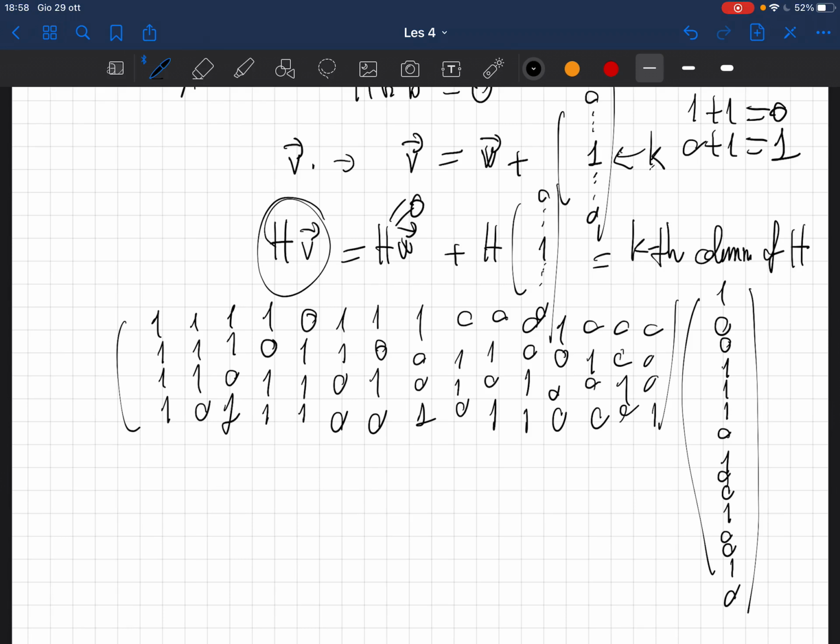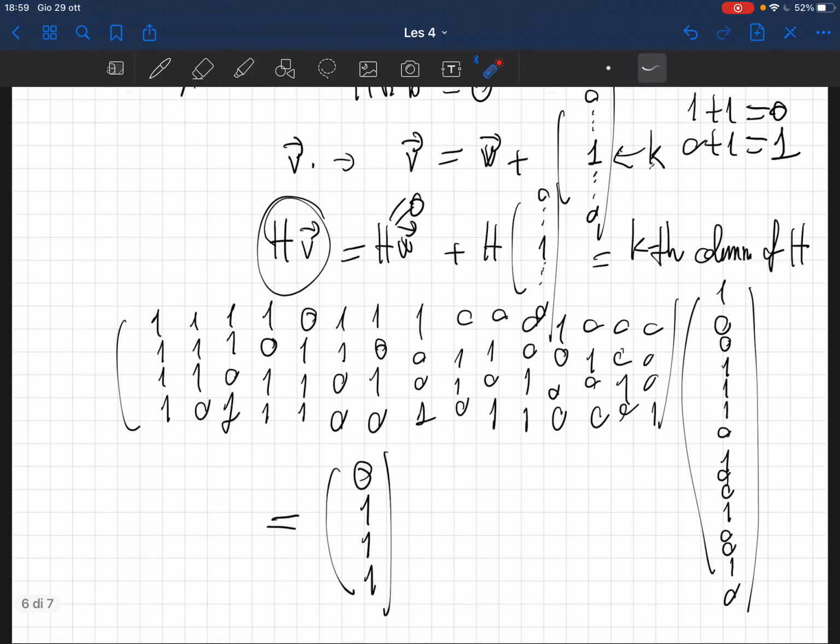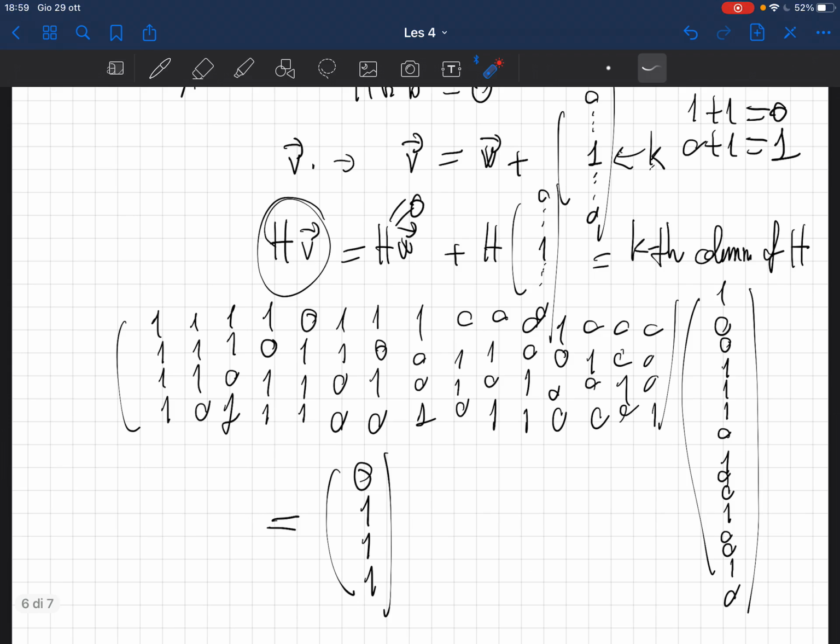So you can find out that this turns out to be 0, 1, 1, 1. Let's just accept this, and just look at this matrix. If you look at it, it's just the fifth column of the matrix.